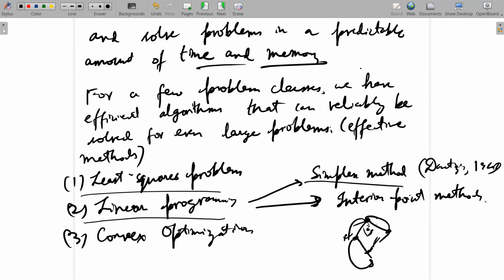The simplex method works very well in practice. The only issue is that in the worst case, it does not have polynomial time, in the number of vertices, number of pivots. So in the worst case, this can actually fail. But interior point methods will approximately give you the solution, and effectively in almost every case, it will give you the right solution.